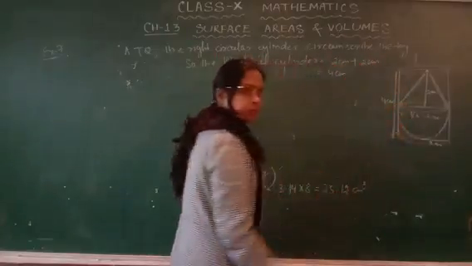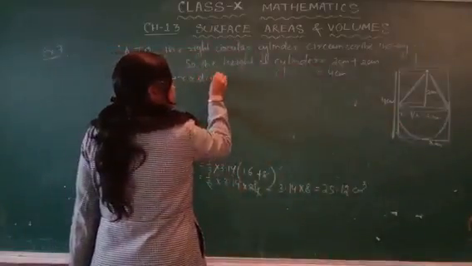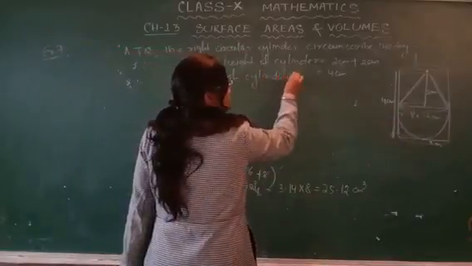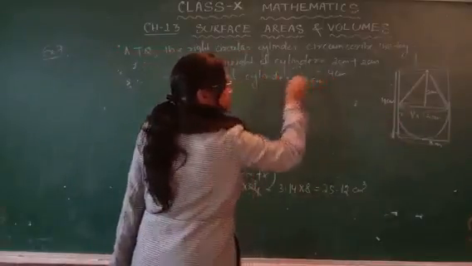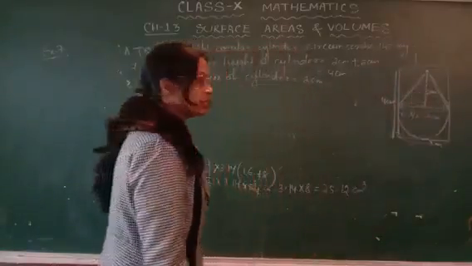This is the height, and the radius of the cylinder is 2 centimeter. So then first you find the volume of this cylinder.